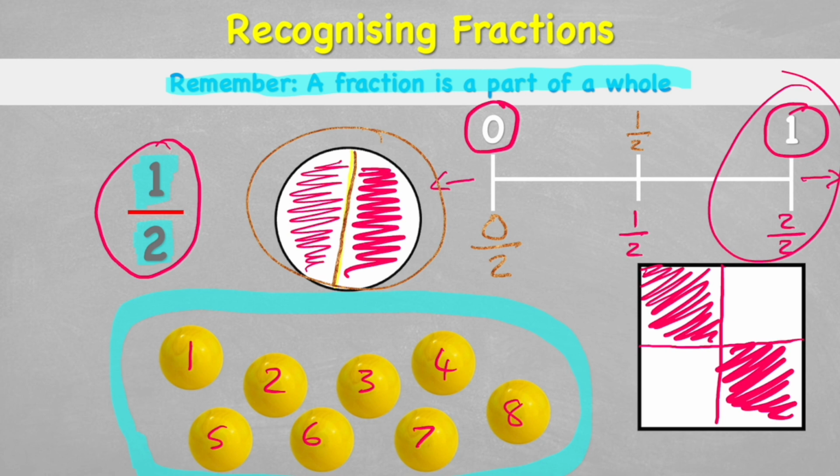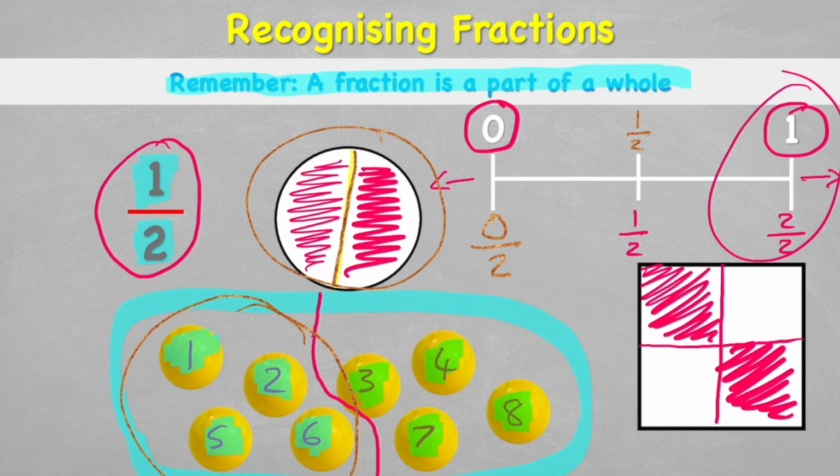If I'm going to split them in half, I need to make 2 piles. And I can make 2 piles by simply cutting down this line here and having 2 equal piles of 4. Let's check. 1, 2, 3, 4, and then 1, 2, 3, 4. So half of my 8 marbles here would be this 4 right here.